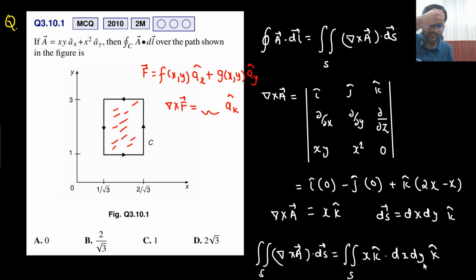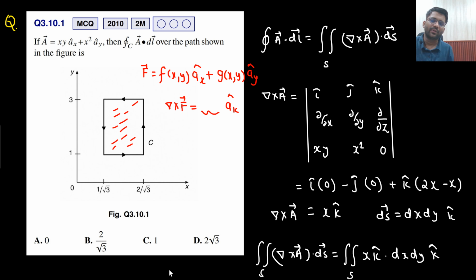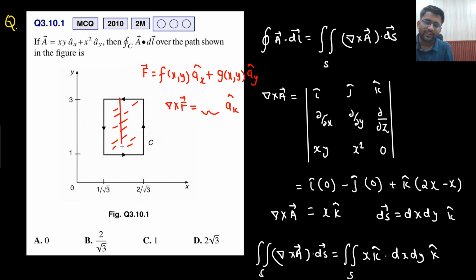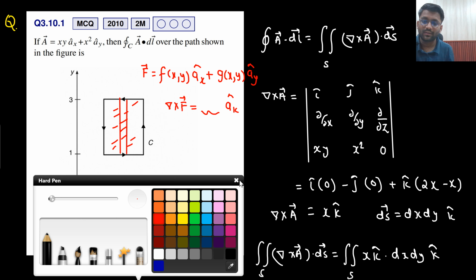So x dx dy, k cap dot k cap will become 1. Now over the region R I am supposed to calculate. So you can see that, sir, I need to take a strip. If I take a strip, I can directly see that y is going from 1 to 3 and x is going from 1 by under root 3 to 2 by under root 3, right?